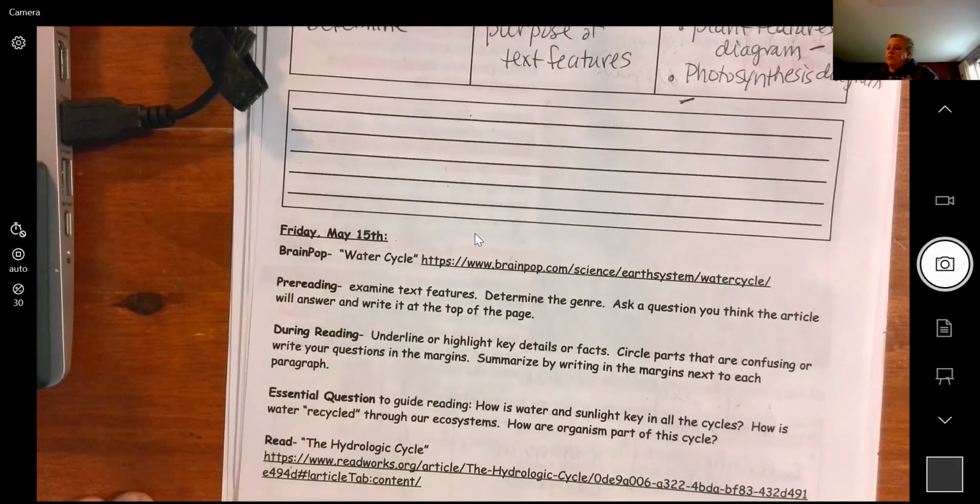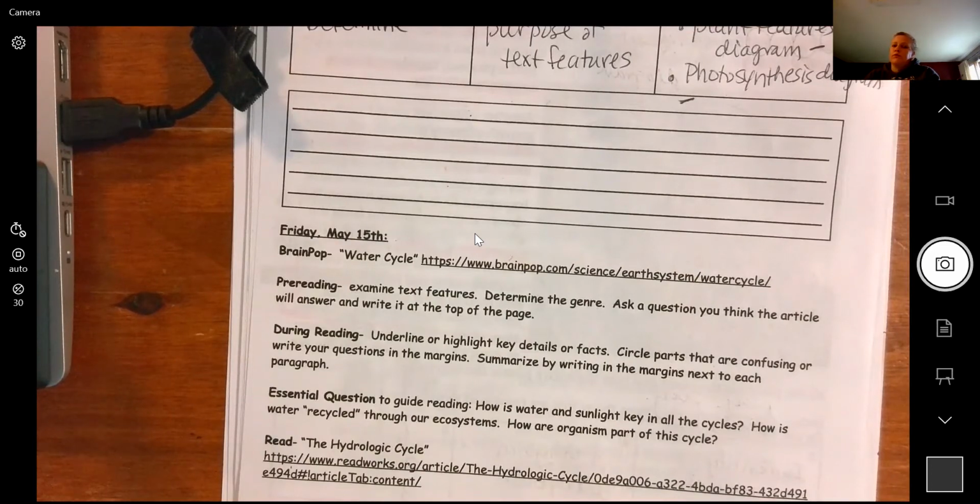We learned how decomposers are important in the nitrogen cycle, which puts nitrogen in the air and in the soil, and how plants need nitrogen to grow. We learned about how plants and organisms work together to perform the carbon cycle, which creates oxygen, and how that carbon cycle is part of photosynthesis, which ends up creating energy and sugars in the plant that we need to grow. And so today we're working on the water cycle.